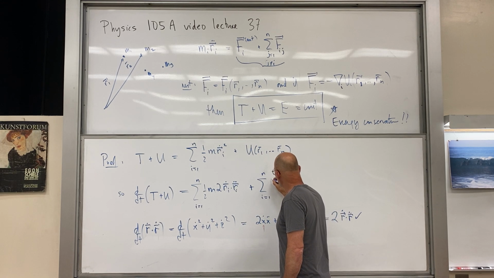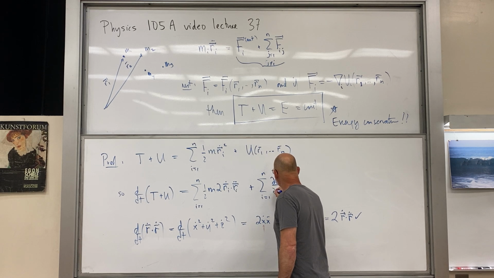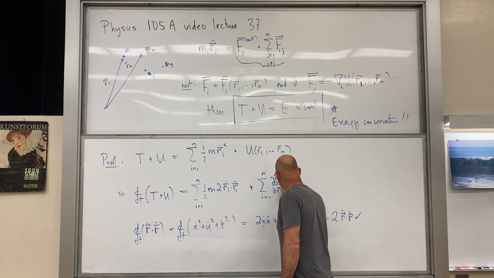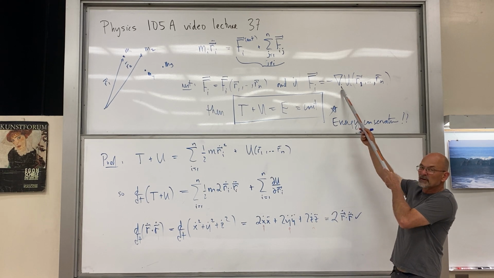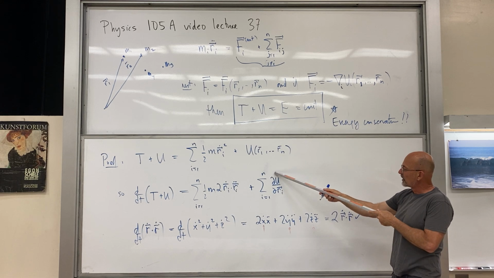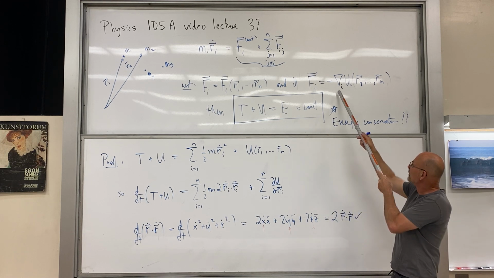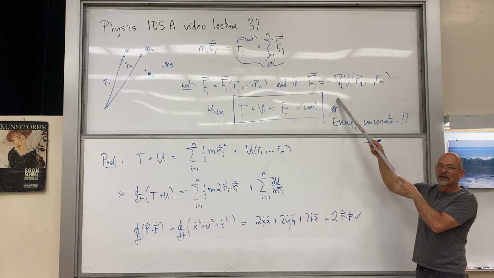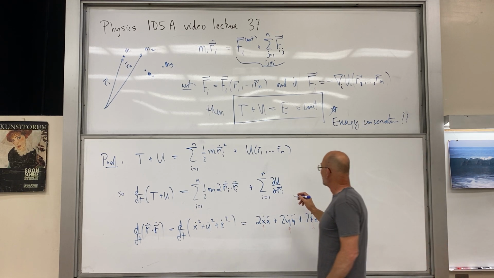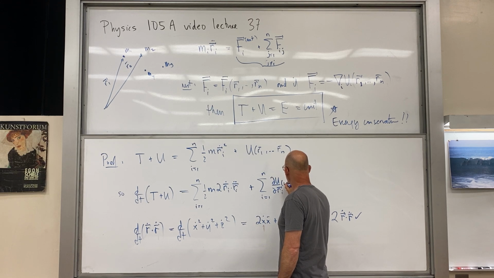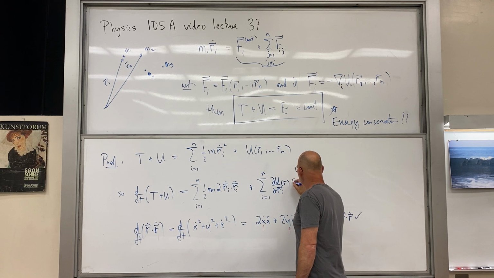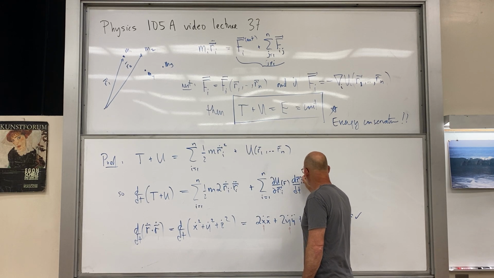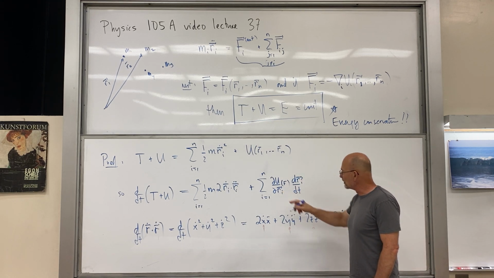So what we're going to have here is du dr sub I, and what I mean by this is exactly this here. It's another way of writing it. If I say partial with respect to this vector, I mean those three derivatives that make up that gradient, of r sub I, of the argument, I'll just write r. And then dr sub I dt, summed up I equals 1 to n.